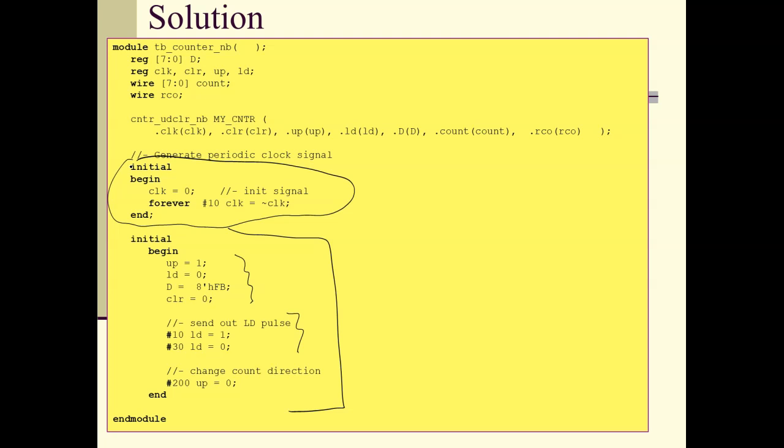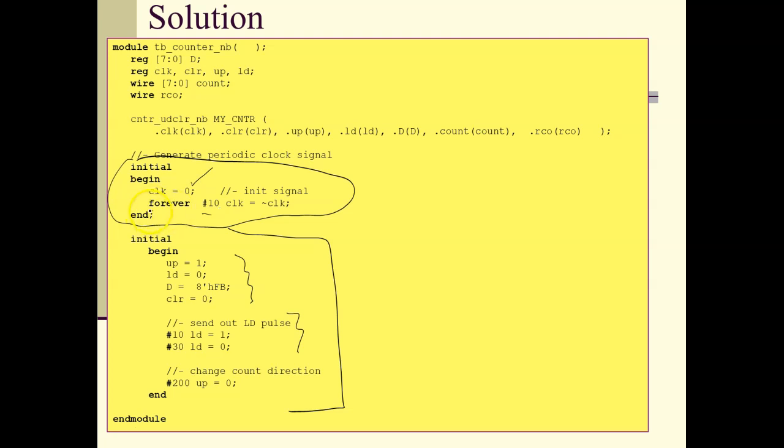What's neat about this is that I start the clock off at 0 just to give it an initial value, because the very first thing I do here is delay. If you don't do that, it sometimes messes up the simulation. This is kind of a cookbook statement. There are many ways to generate a periodic signal; this is the one I like using.